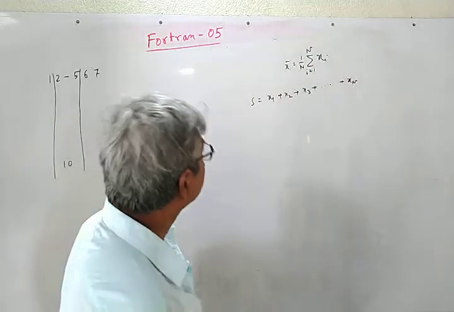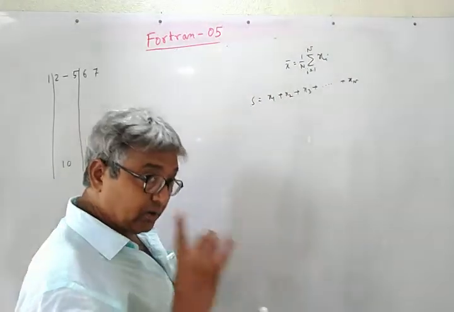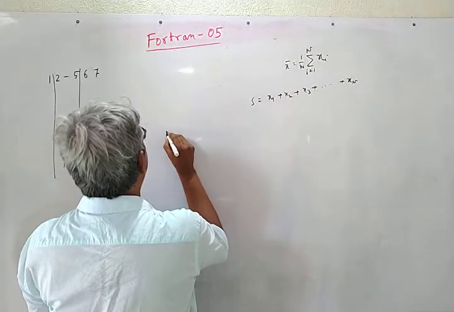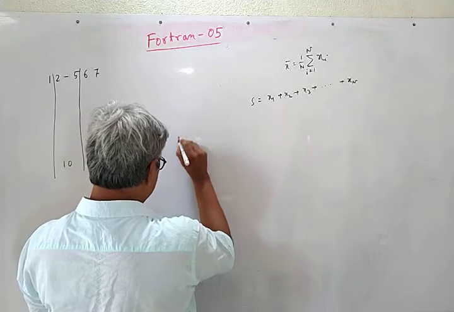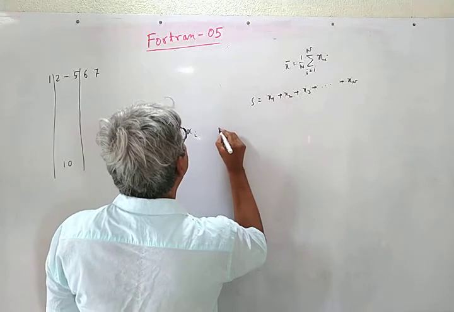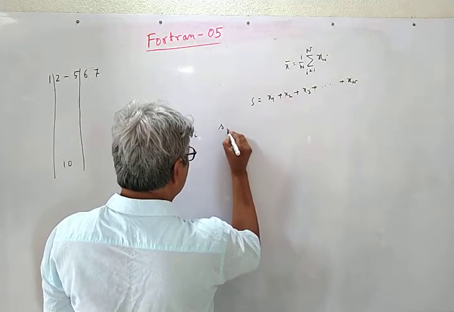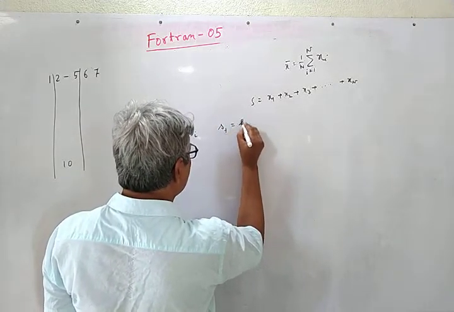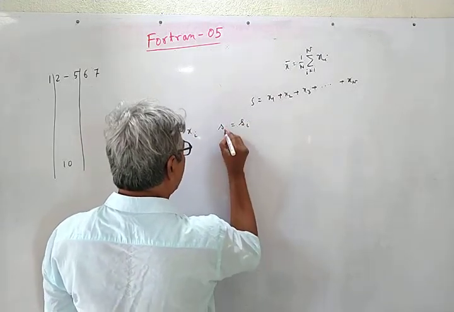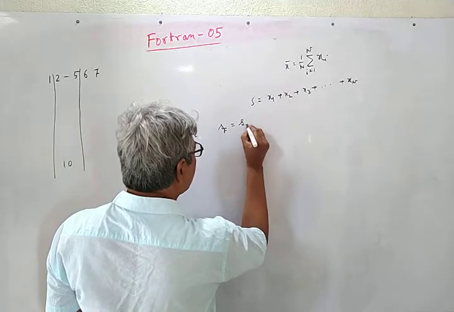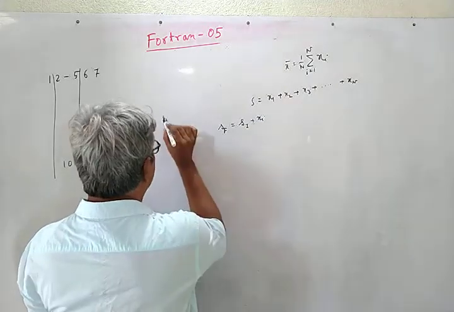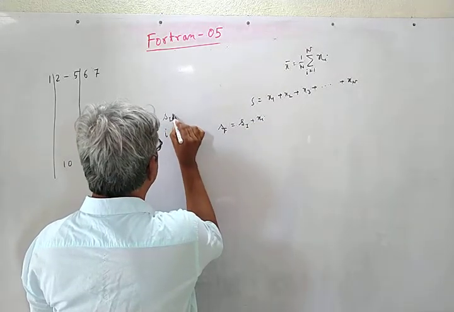So what do we do? Let me explain this term. I first take a dummy variable I, then the corresponding value, then I write S final is equal to S initial plus X i, and beforehand I set S initial to be 0.